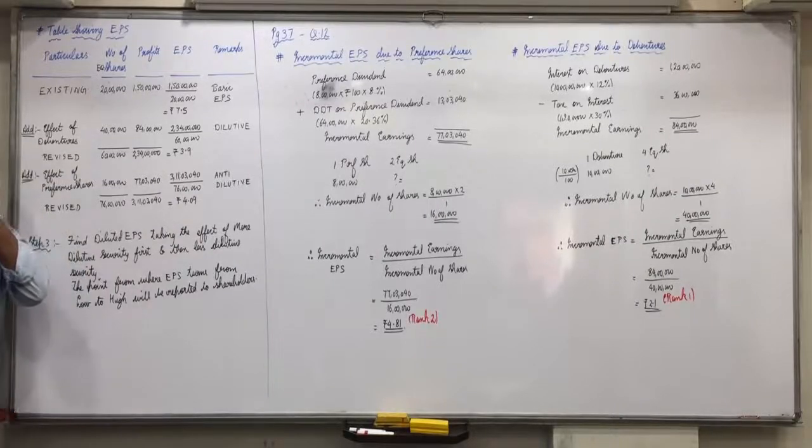So the chapter is over. Question 14 is similar to 12 only. Only existing number of shares and profits are different. There is no point in solving it. Your homework will be question 15A on the next page and 16A on the next page. 16A, the below one, look at page 38. There are two questions of 16A.